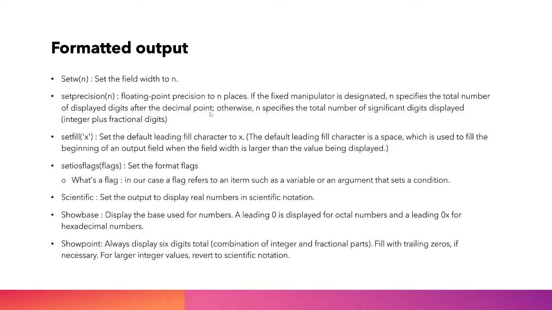If the fixed manipulator is designated, it specifies the total number of digits displayed after the decimal point. So if you put a fixed manipulator, then it's going to be fixed as it is. Otherwise, it specifies the total number of significant digits displayed, integer plus fractional digits, if fixed is not there. Okay, let's get our hands dirty.